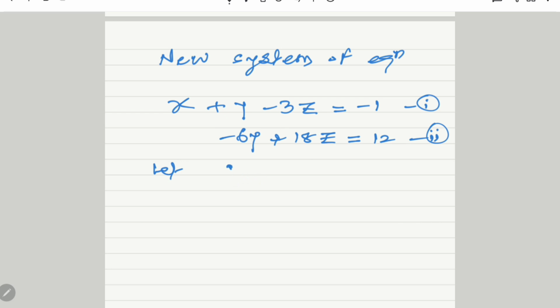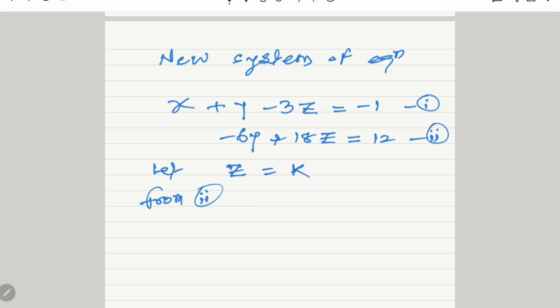Here I will consider z as k, suppose non-zero scalar quantity. Put that value in equation 2. Therefore, from 2 we get the value of y. Therefore, it is minus 6y.